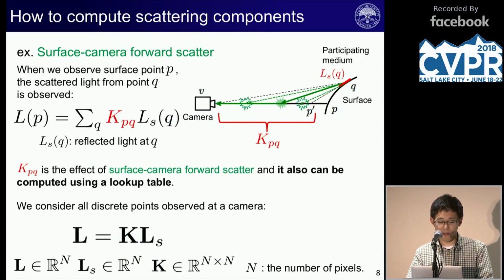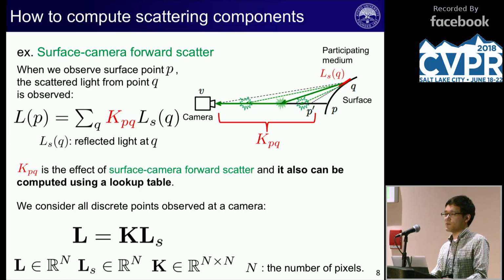Next, I explain a surface camera forward scatter. In this figure, when we observe surface point P, the scattered light from point Q is observed. And this relation can be written by a linear equation. K_PQ is the effect of surface camera forward scatter, and it also can be computed using a lookup table.